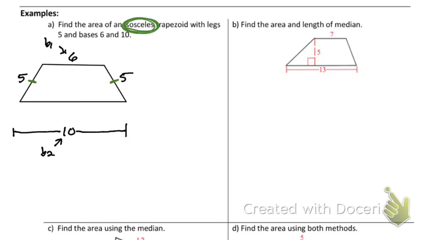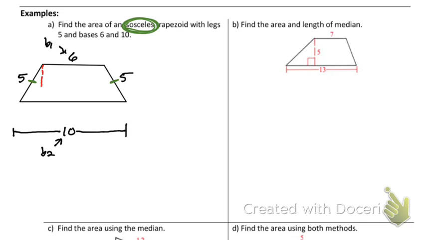Does anyone have an idea why I moved that 10 away from the base there? Yeah, Stephanie. We have to create the 90-degree angle triangle. Perfect. We have to create those triangles. And that's exactly what we're going to do. We're going to create triangles out of both of these.